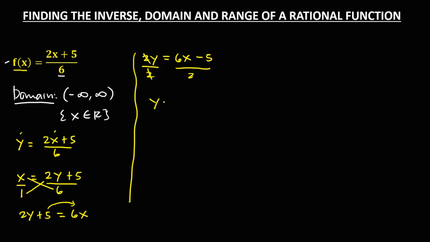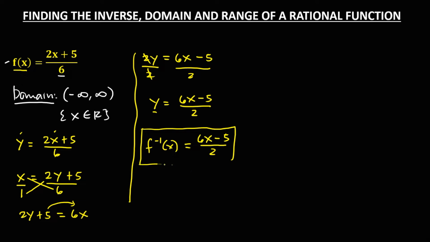So therefore y is equal to (6x minus 5) over 2. Then we need to replace this y with the inverse of f of x, then equals (6x minus 5) over 2. So this is now the inverse of the given rational function.